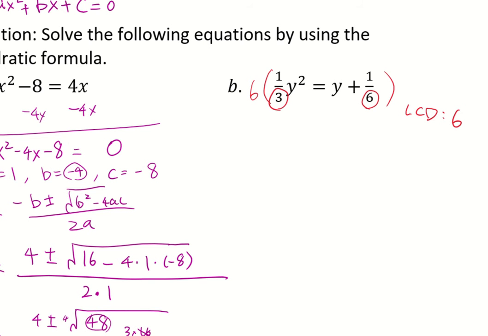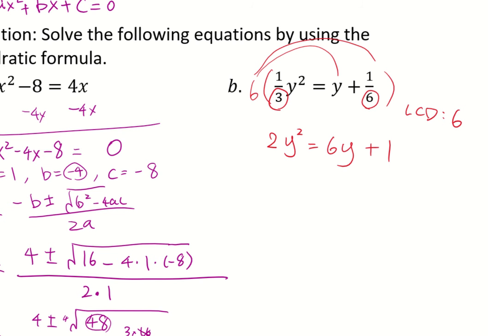So 6 times 1/3 becomes a 2. 2y squared equals 6 times y. That will give you 6y. 6 times 1/6, that's a 1. Okay, now we turn this equation into an equation without any fractions.